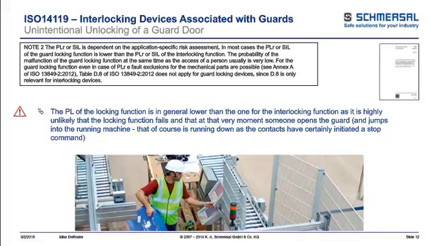So when you look at the unintentional unlocking, meaning that loss of power, the likelihood of that were to happen when you go through the full 13849 Part 1 and Part 2 of designing your system, going through your risk assessment, and going through your validation and your fault exclusions, the chances of that happening and what's needed, you're going to typically find that the unintentional unlocking of a guard door is going to be a much lower performance level than the guard locking function itself.